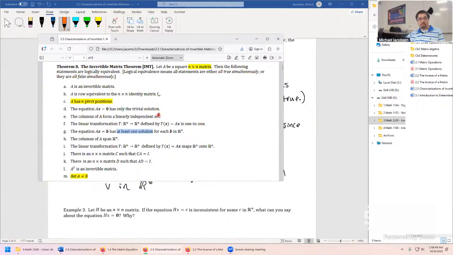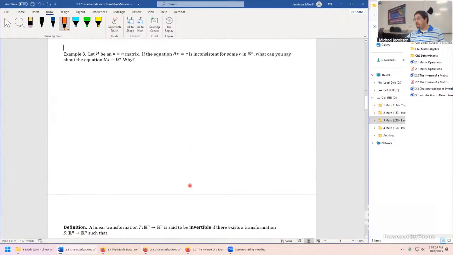The thought on this is, we go back to the invertible matrix theorem. Hx equals c is inconsistent. That's really something about spanning now. And that would be part G right here being false this time. Let's start off by just saying that.